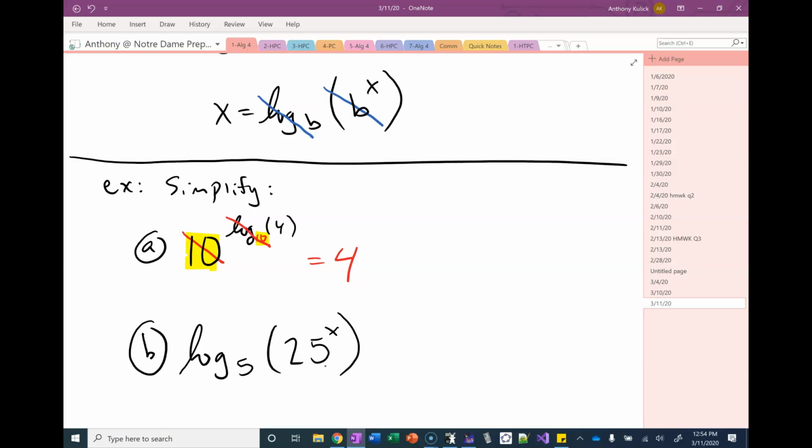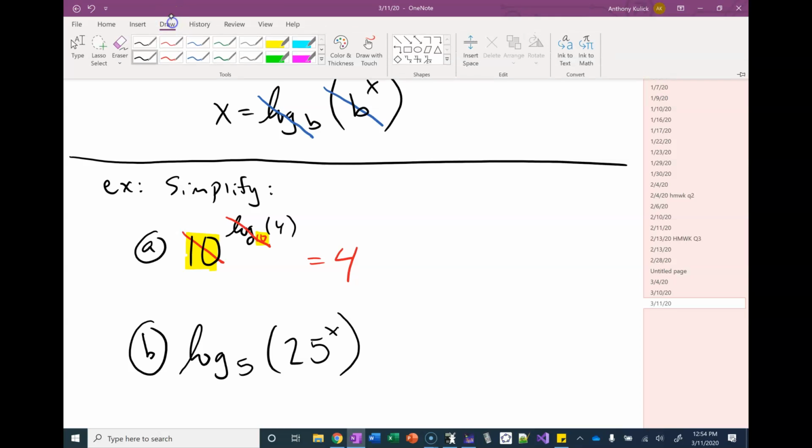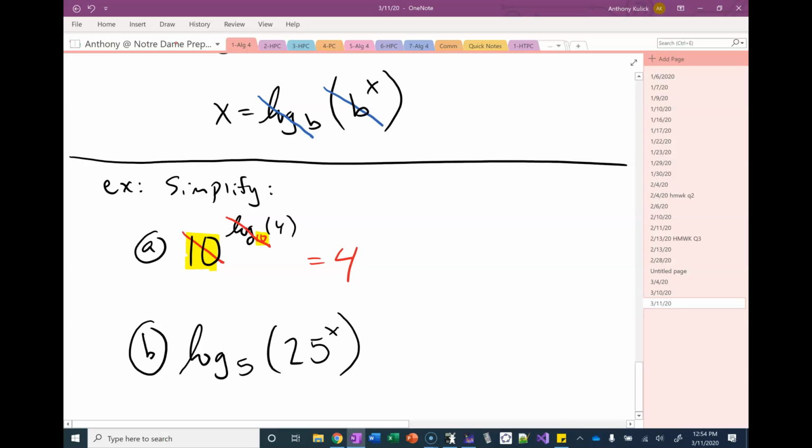Let's look at another example. What if we have log base 5 of 25 to the x? As this is currently written, can I cancel anything? No. Why not?